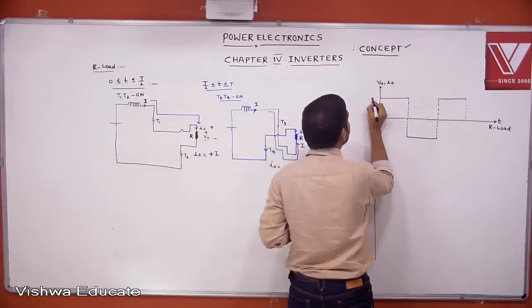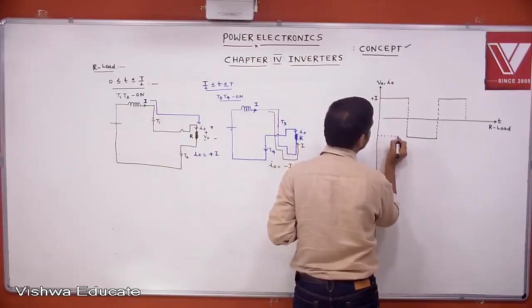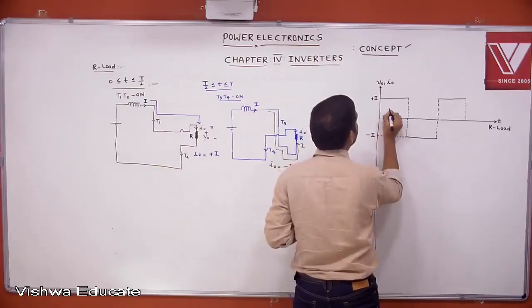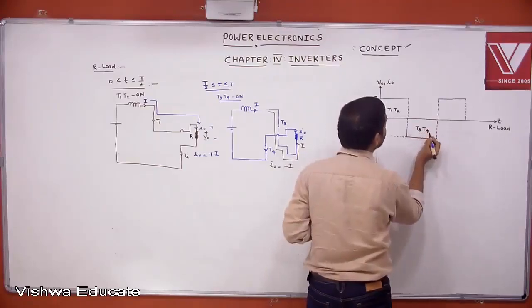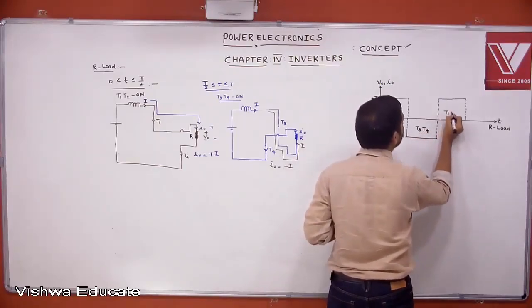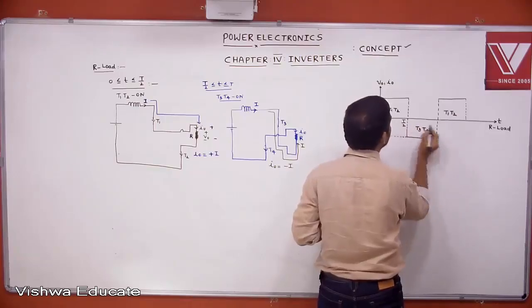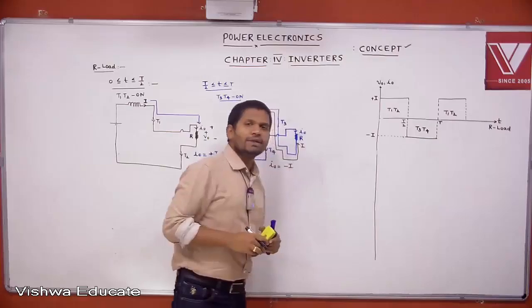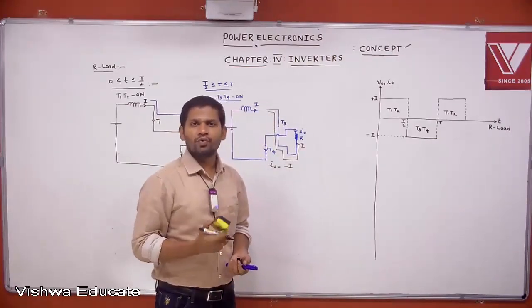This is plus I and this is minus I. Here T1, T2 is conducting. Here T3, T4 is conducting. Again T1, T2 is conducting. This is T by 2 and T. Like this we are converting DC current to AC current and we are getting the square waveform.